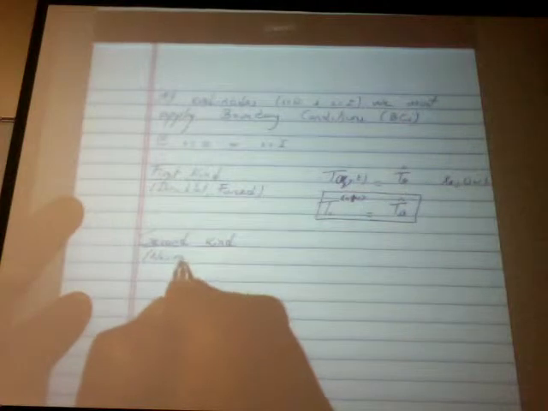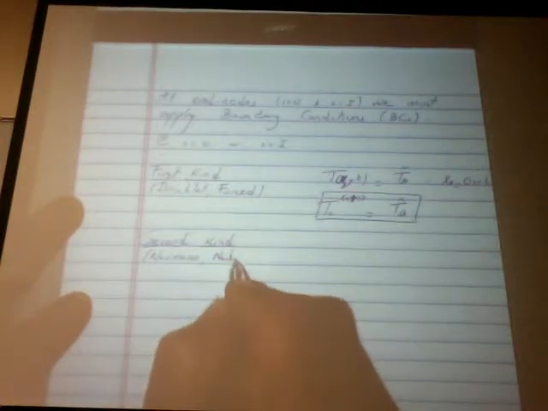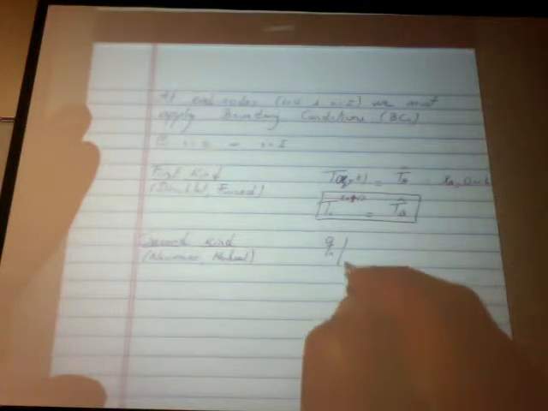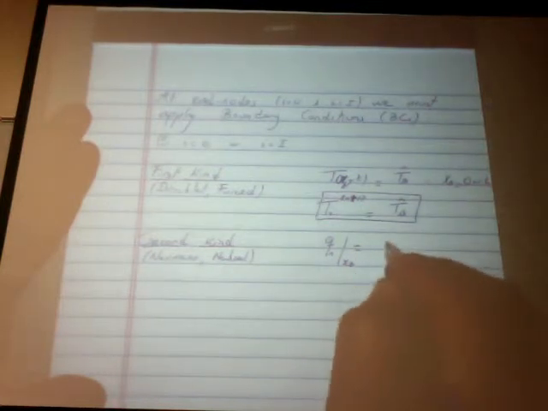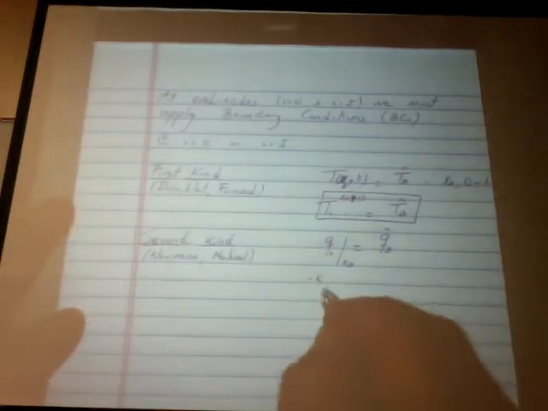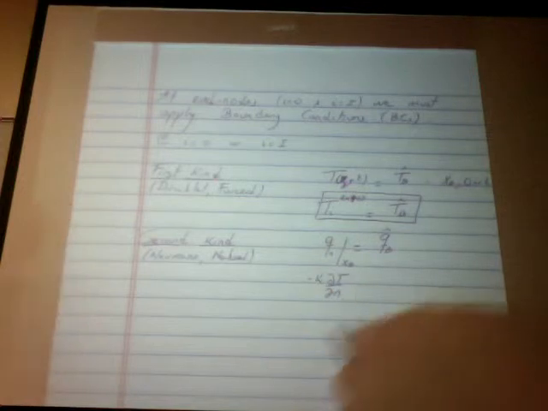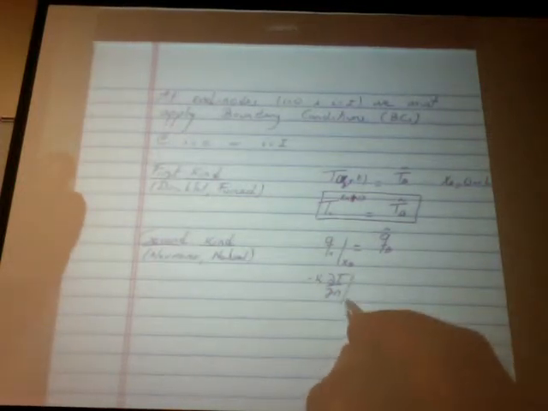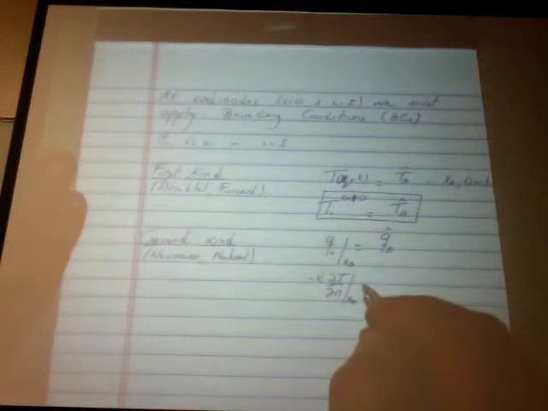Second kind is also called Neumann or natural, in which case we say that Q, the normal flux at the boundary, is equal to some Q boundary. That means that minus K dT dN on the boundary is equal to Q boundary.